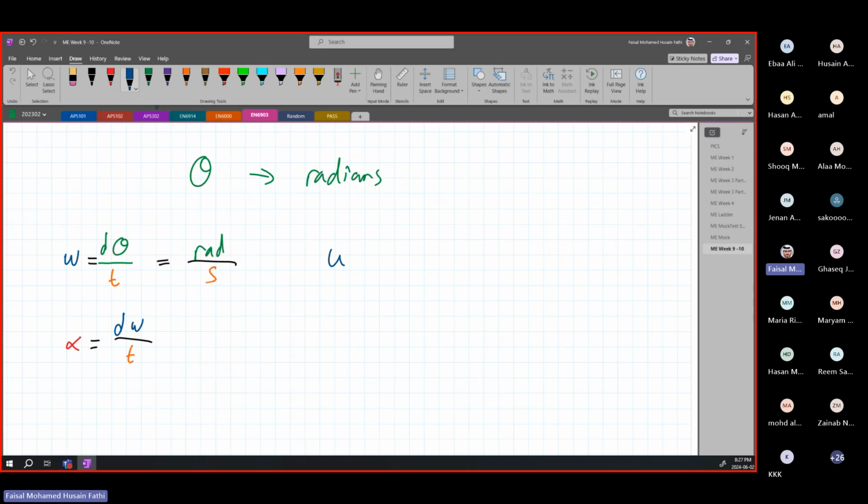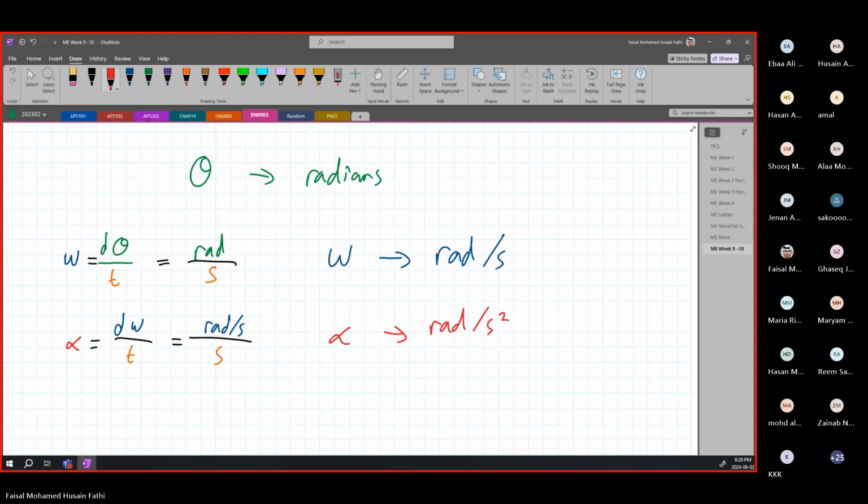Therefore, omega is in radians per second. Usually it is just given as rad for radians. Same thing now for alpha. Alpha is equal to omega, whose unit is radians per second, divided by seconds again. So alpha is going to be in radians per second squared.